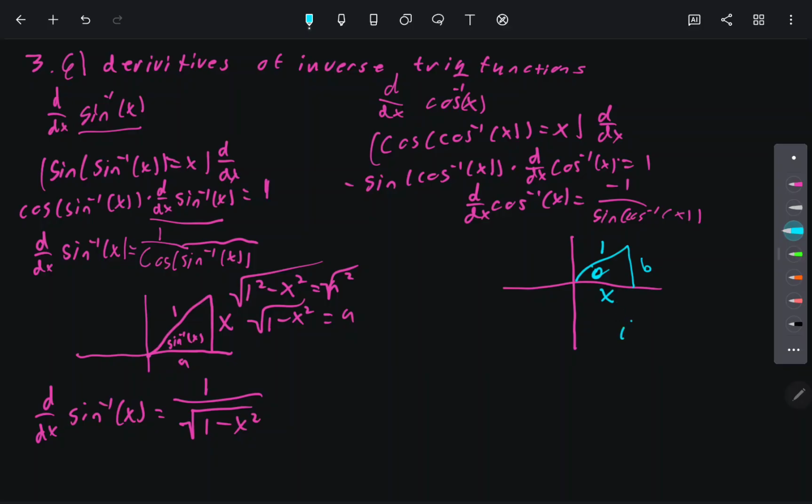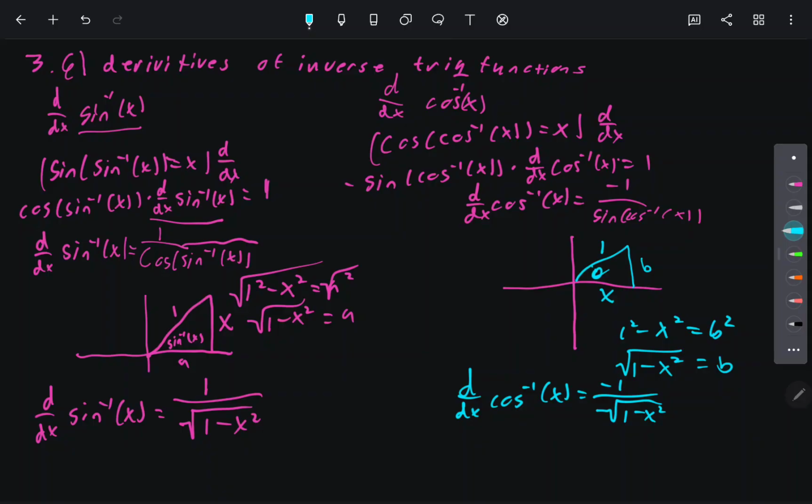So we have 1 squared minus x squared is equal to b squared. And what this really means is the square root of 1 minus x squared is equal to b. Well, if we're looking at the sine of this angle, that's going to be b over 1. So the derivative of cosine inverse of x is equal to negative 1 over the square root of 1 minus x squared.